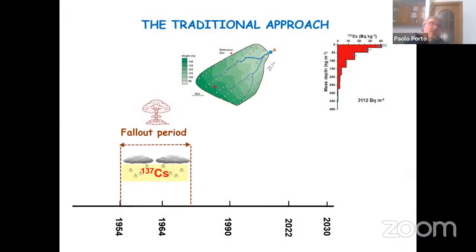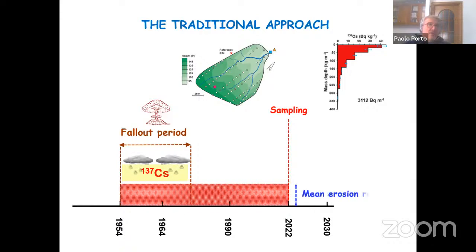But, okay, let's assume that, for example, we did a sampling today, in 2022. The traditional approach will give you the mean erosion rate for that time window, from 1954 to 2022.